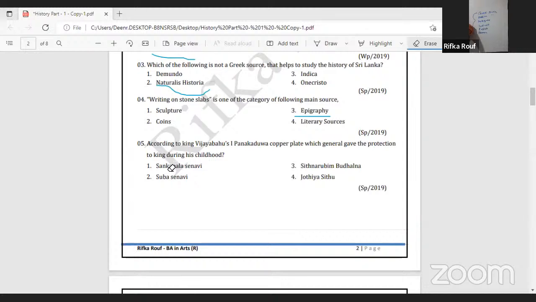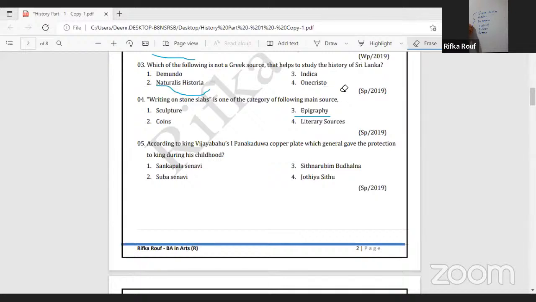Yes, these are some of the provincial leaders by the time when the Rajarata civilization declined. When the Rajarata civilization declined, some protection was given to the people by these Sankasenavi and Subhasenavi. So what is the answer then? Okay, who is asking this? From whom the independence?